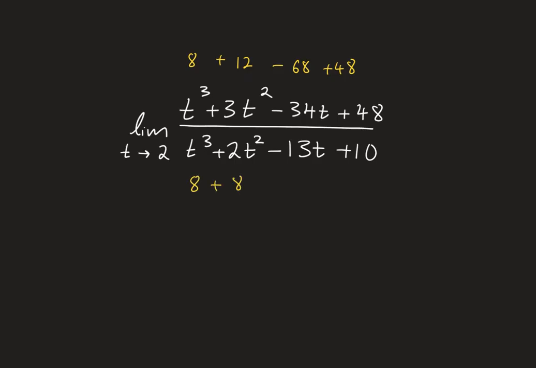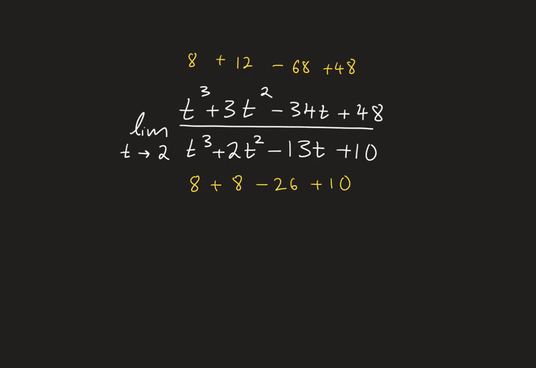Checking the denominator right now: 8 plus 8, minus 26 plus 10. Yeah, we do have a problem. But implicitly, what that means is that t minus 2 is a factor of both the numerator and the denominator, all right?